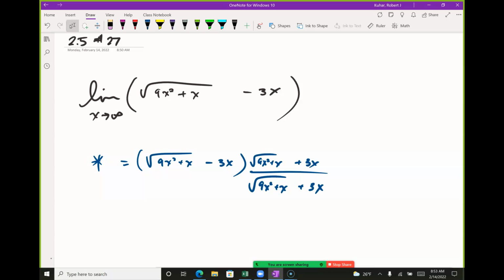And if you did this graphically or numerically, you would see a height that's not 0. So what do I get here? Upstairs I get 9x squared plus x minus 9x squared. We agree with that? Yes.